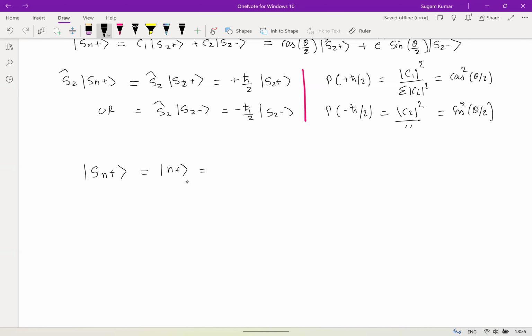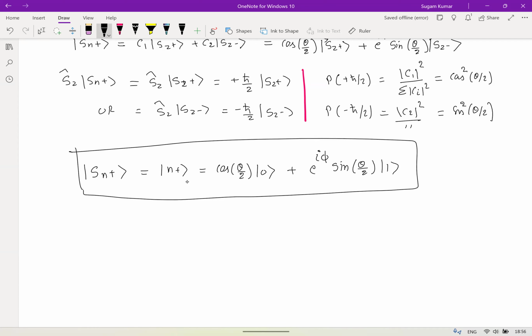So this is equal to cos theta by 2 and 0 and plus e power iota phi and sine theta by 2 and 1. So I will use this one. So this is a spin vector, okay?